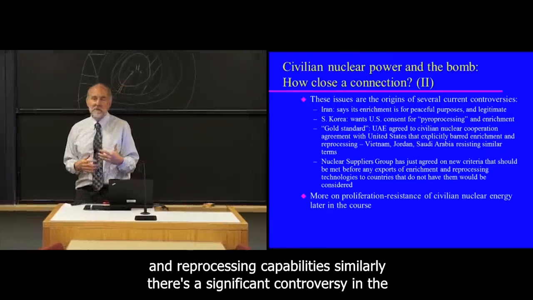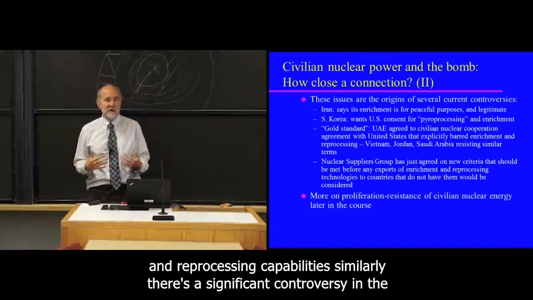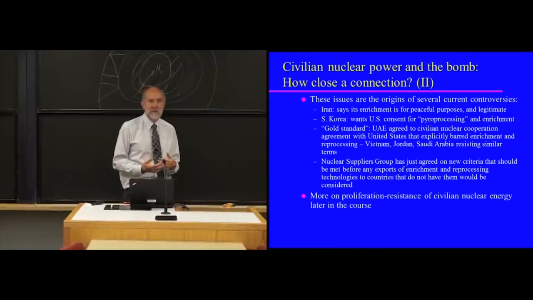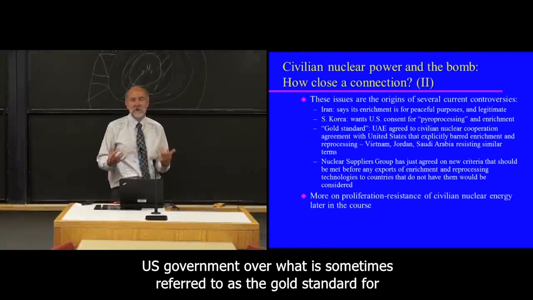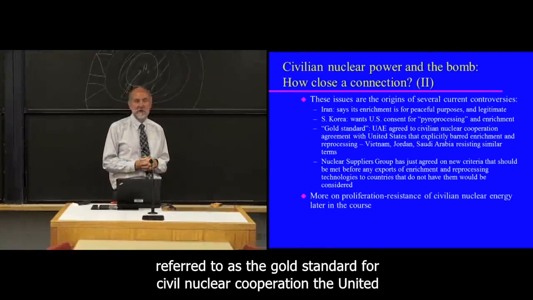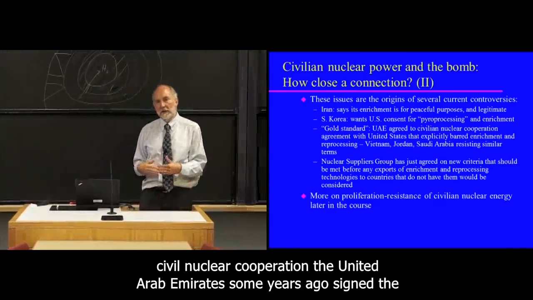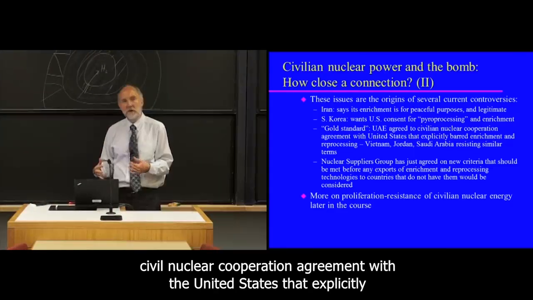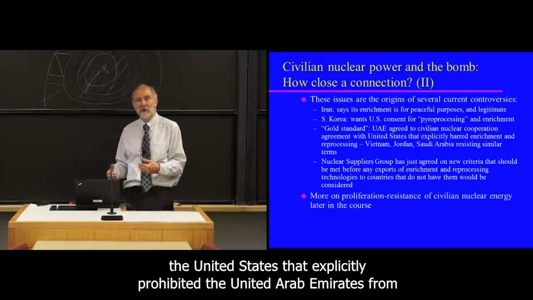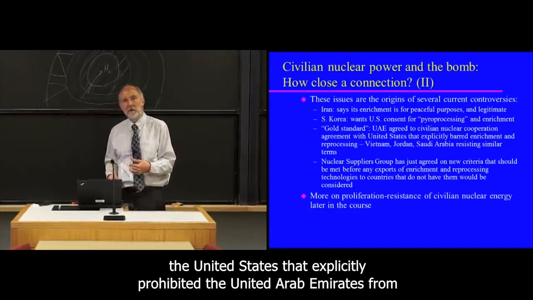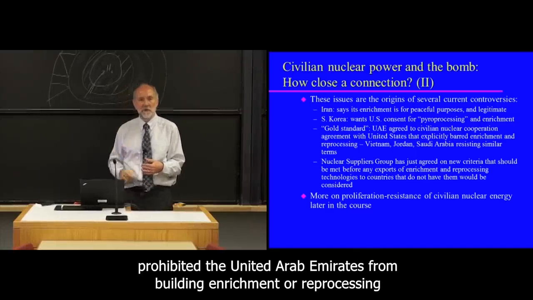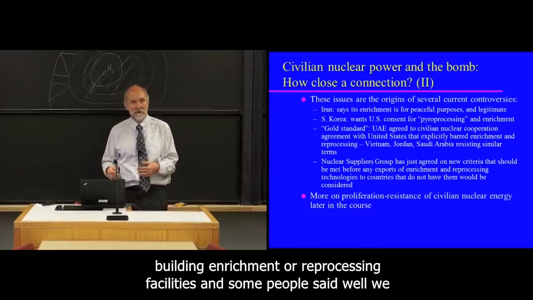Similarly, there's a significant controversy in the US government over what is sometimes referred to as the gold standard for civil nuclear cooperation. So the United Arab Emirates, some years ago, signed a civil nuclear cooperation agreement with the United States that explicitly prohibited the United Arab Emirates from building enrichment or reprocessing facilities.